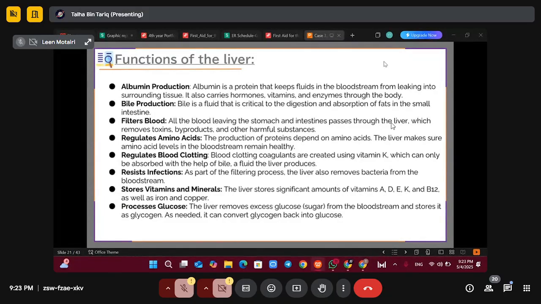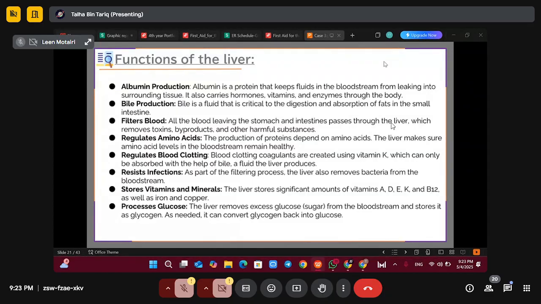So this is the main function of albumin. It also carries hormones, vitamins, and enzymes throughout the body. So it's a protein that is present within your serum or within your blood, which is binding to different hormones, vitamins, and molecules, and it's helping them in transport. It's basically a transport protein. So who is making this transport protein? Liver. If there is anything wrong with the liver, albumin will be decreased.